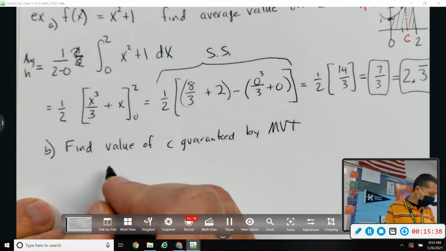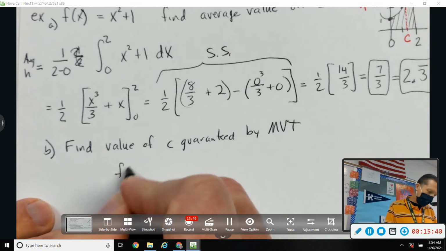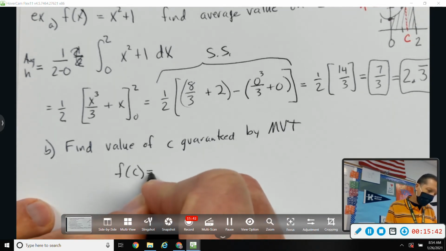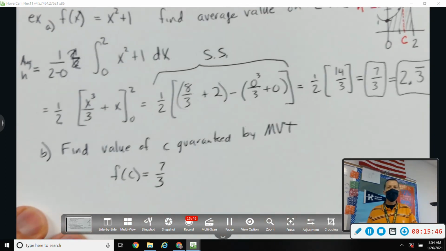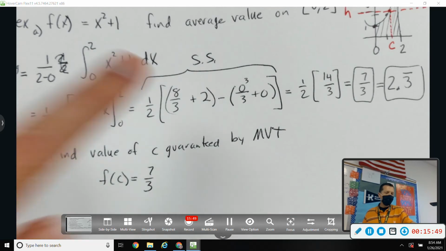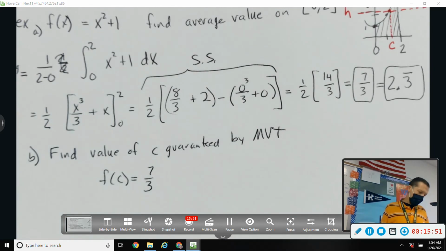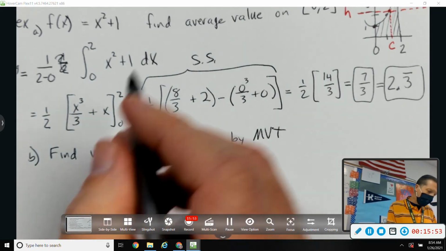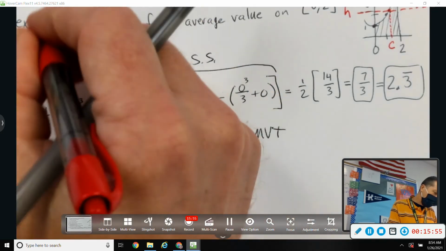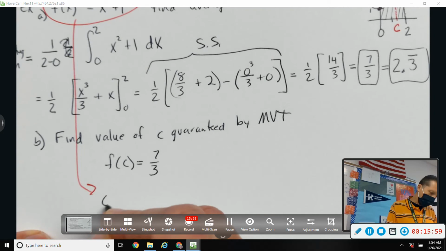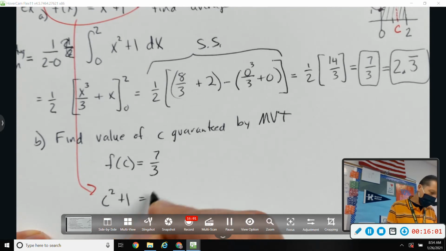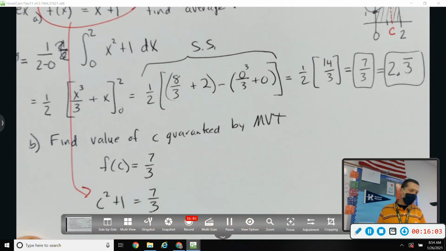So that means, okay, f of c, we know the average height is, let's go with 7/3 rather than 2.3 repeating or that full expression. If we plug in c for f of x, we get c squared plus 1 equals 7/3.